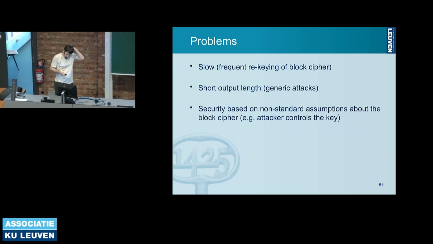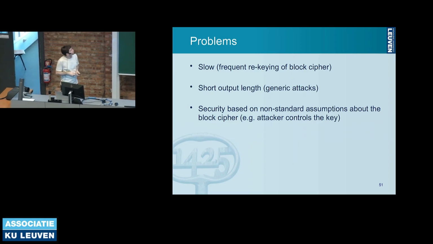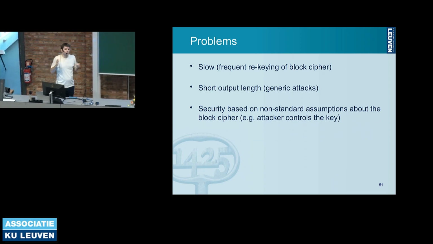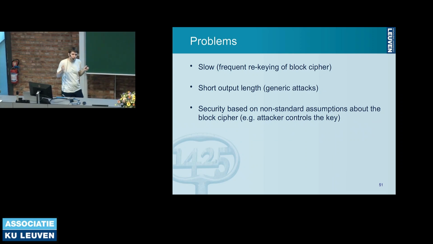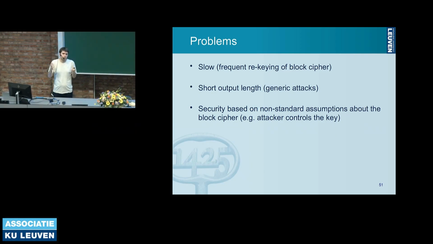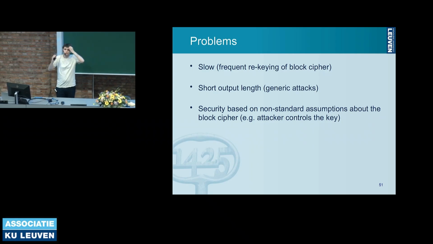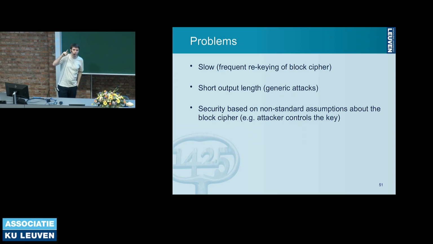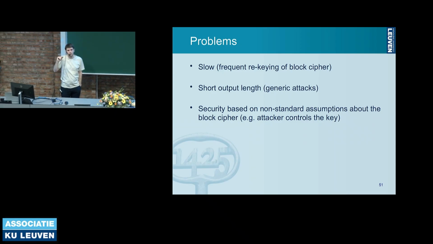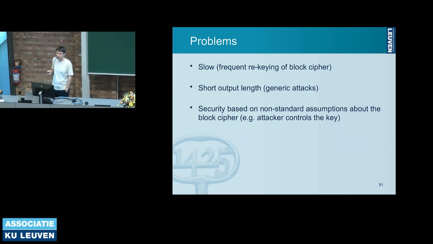One other problem is that if you think about a cipher like AES, it has a 128-bit state, and now I want to use it as a compression function. That's actually not so good, because you will have a 128-bit output, but collision resistance was 2 to the power of the output length in bits divided by 2. So that's only 2 to the 64, which is actually not that high.